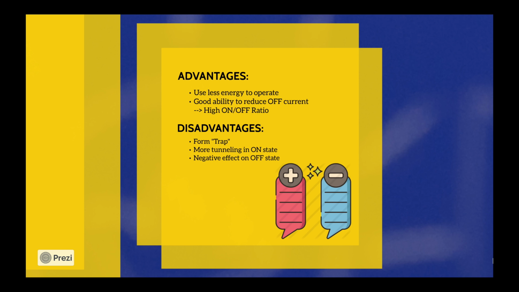A trap is a space where carriers such as electrons or holes can exist, and with traps, the tunneling effect occurs more with fewer electrons. Maybe it sounds like an advantage for the TFET. However, it is an advantage only for the on-state, but for the off-state it has a negative effect. Likewise, there are advantages and disadvantages.